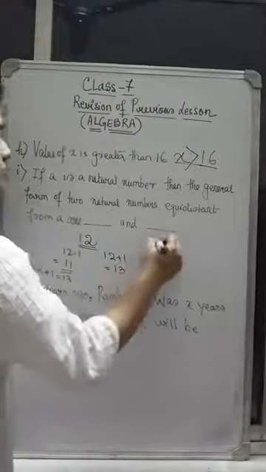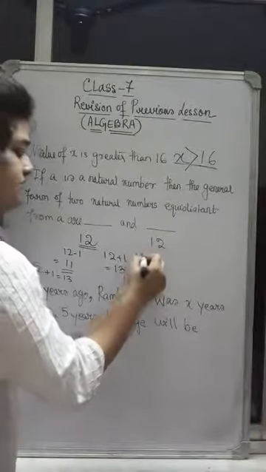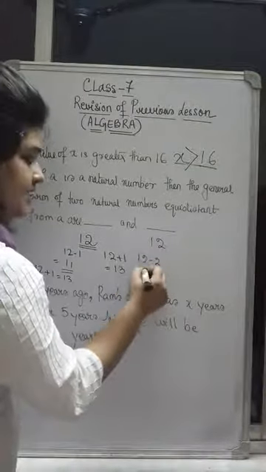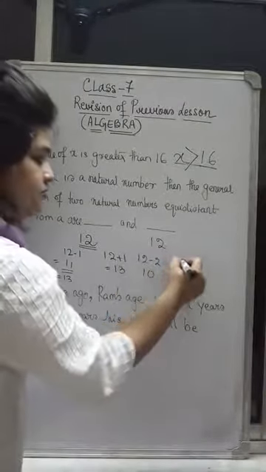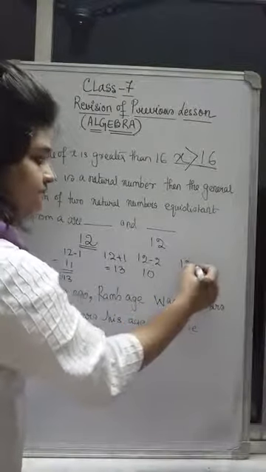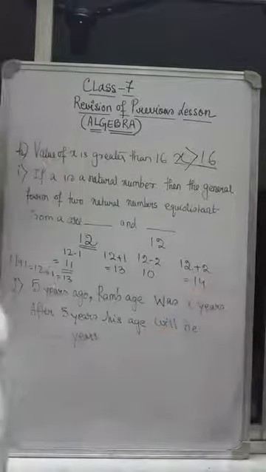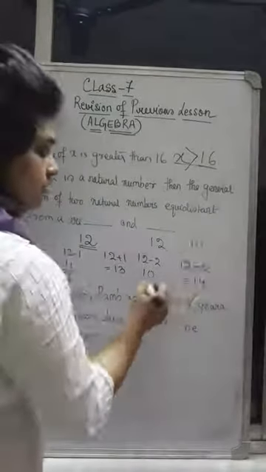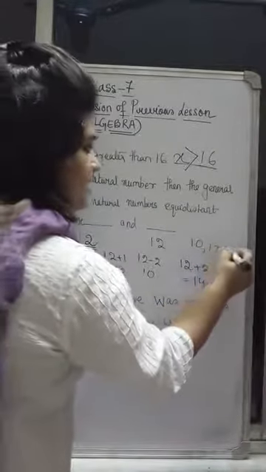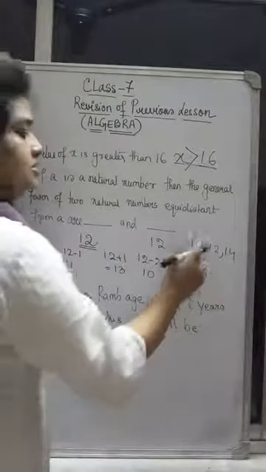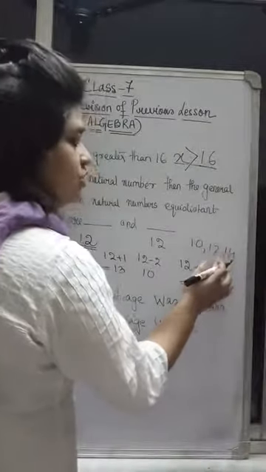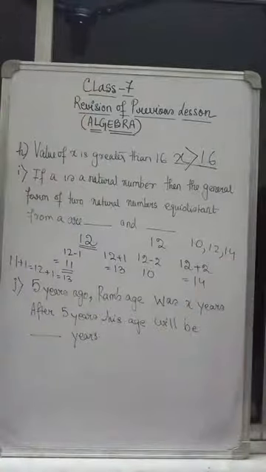Same thing, if from 12 I subtract 2, then I get 10. And with 12, if I add 2, I get 14. So 10, 12 and 14 are equidistant numbers because 10 plus 2 gives you 12, 12 plus 2 gives you 14.